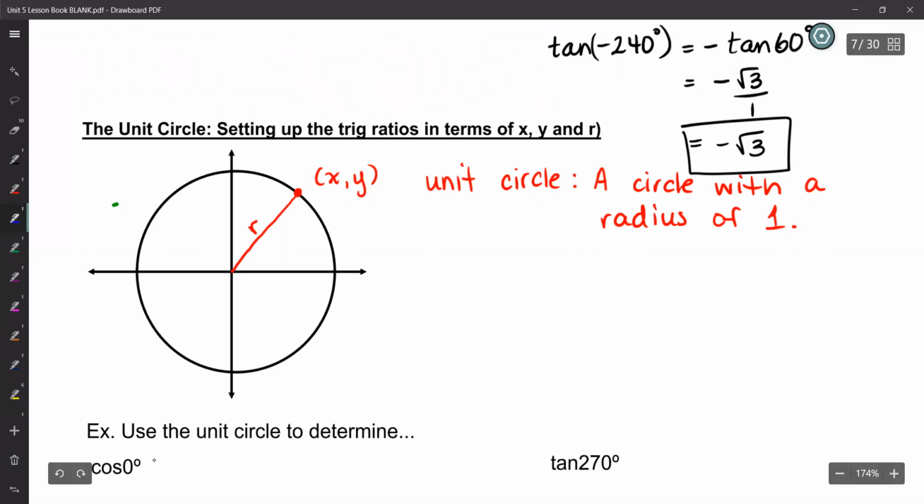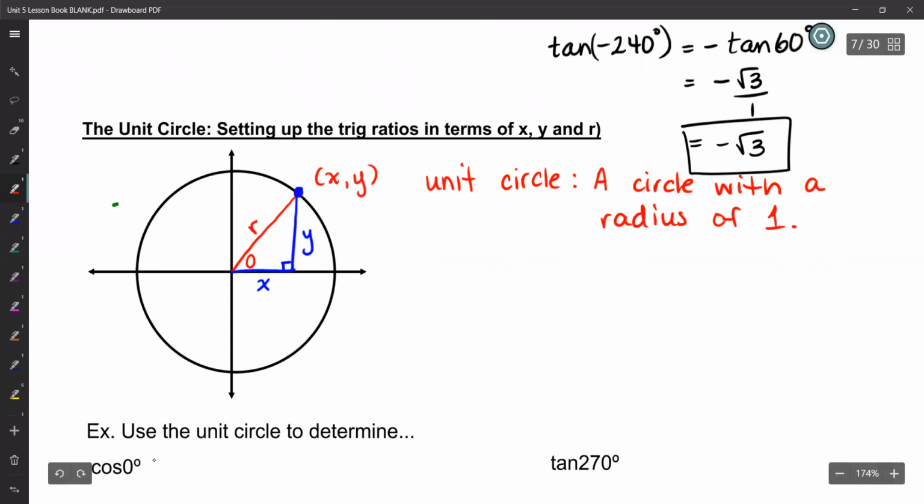And if I create the distance it took me to get over and up to the point xy, what happens is I actually end up creating a right angled triangle in here where this is the number of x units I went over and the vertical is the number of y units I went up to get to this point. Yep. Yes, so we'll talk about the radius of 1 in 1 second.